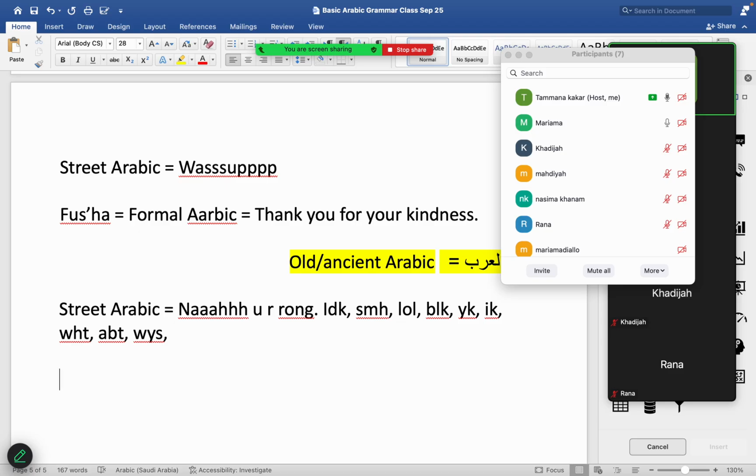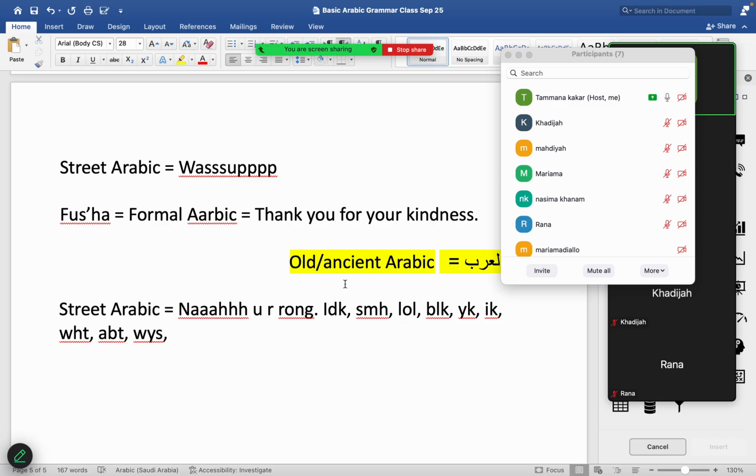And then Lisanul Arab, I would give you an example, like Shakespearean English from Shakespeare's times, or even before that. So nowadays, a person who knows English cannot claim that they will be able to read Shakespeare's book just because they know today's English. Because words have changed, meanings have changed, words have been simplified.